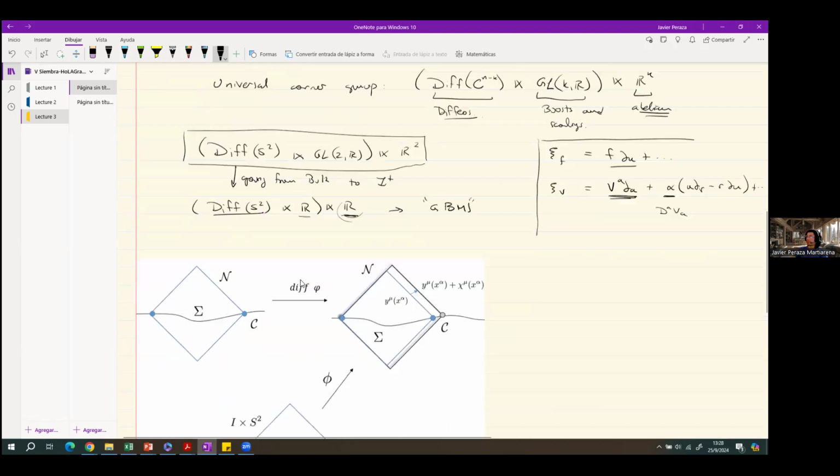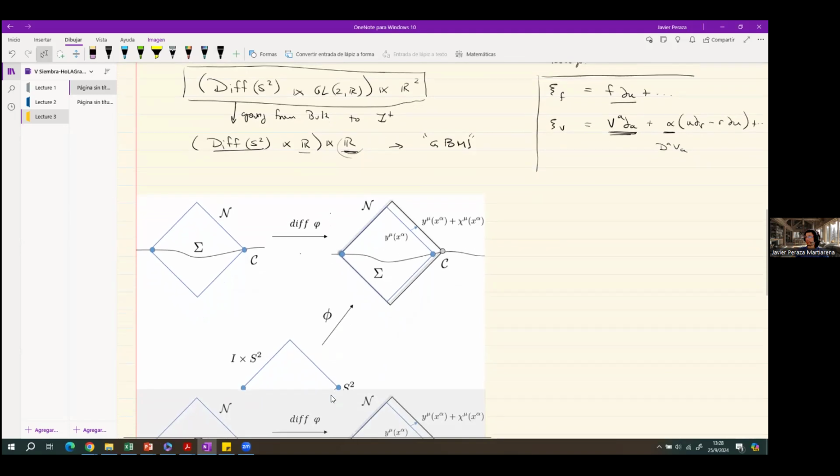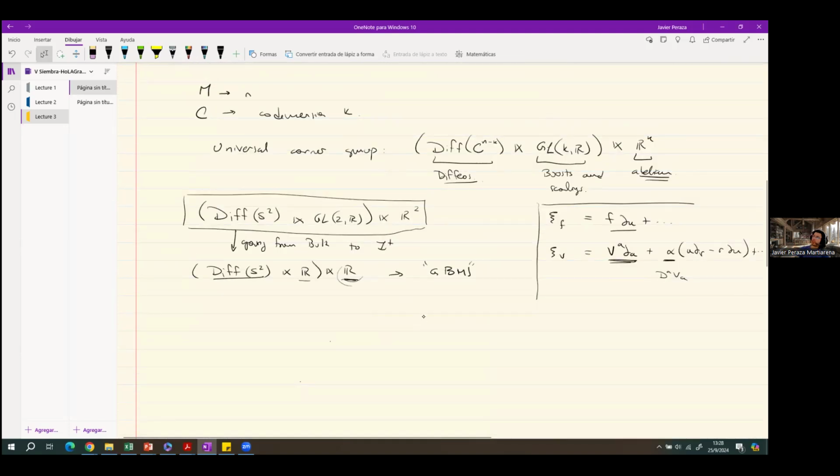So one way to see it is in four dimensions.